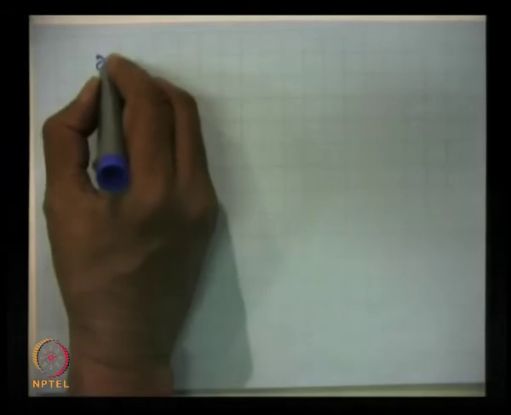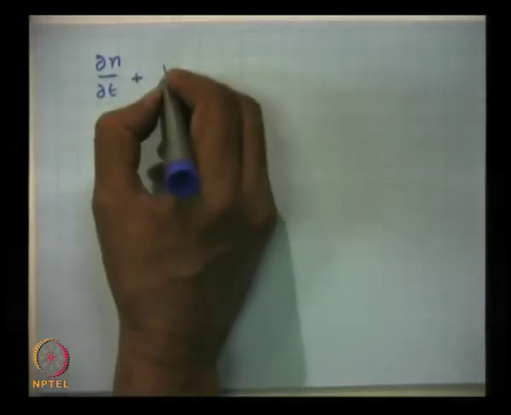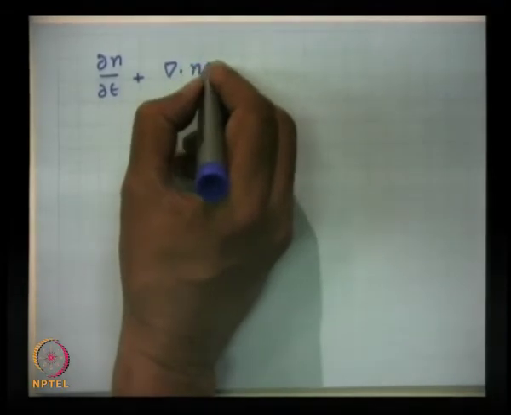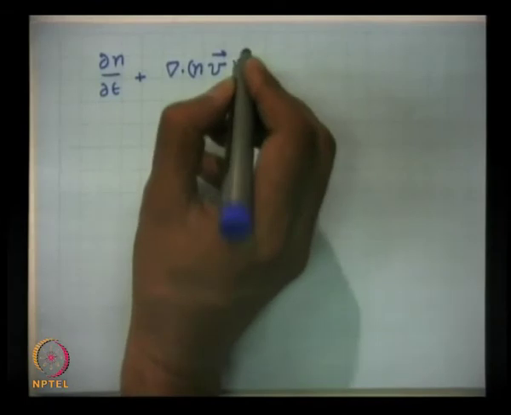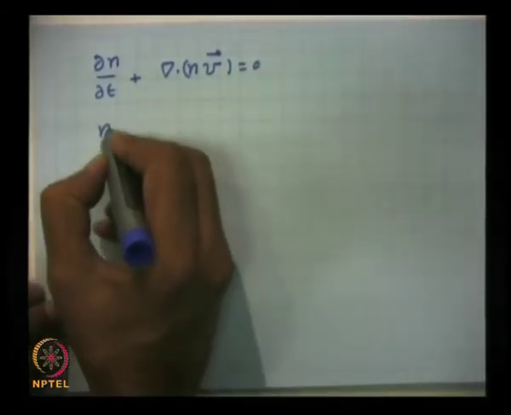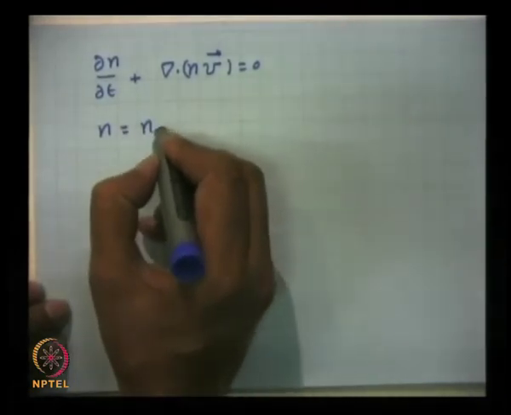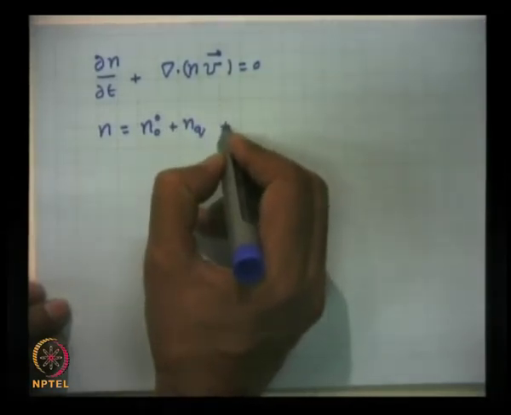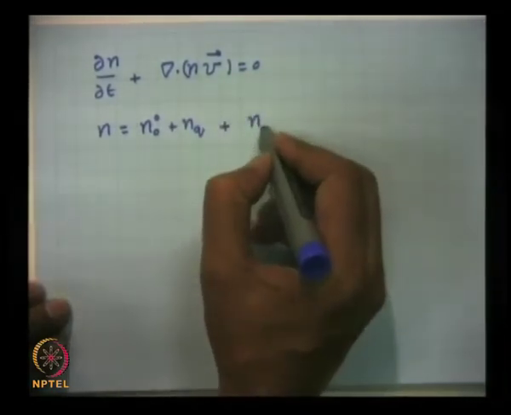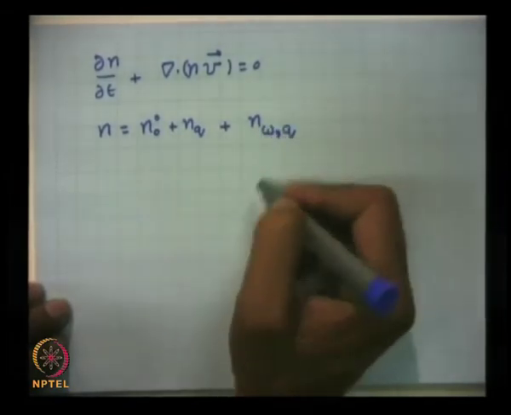The equation of continuity is delta n by delta t plus divergence of n v equal to 0. I say that my n is equal to n 0 0 that was earlier, plus n q that was there, plus you have produced an additional density oscillation at frequency omega and wave number q because of this current.